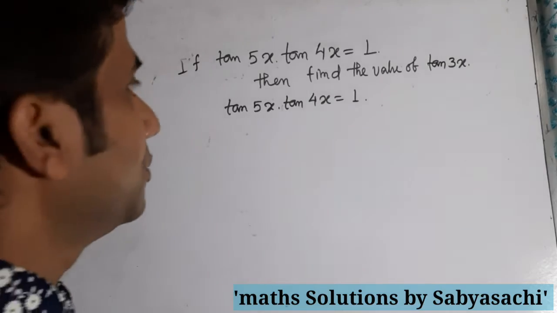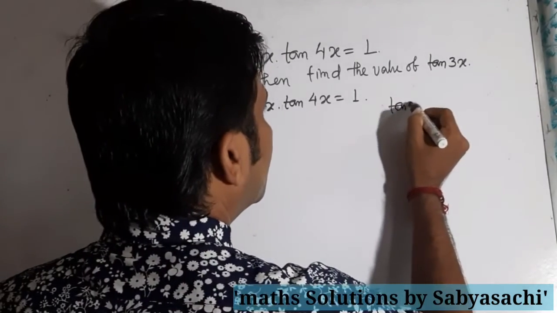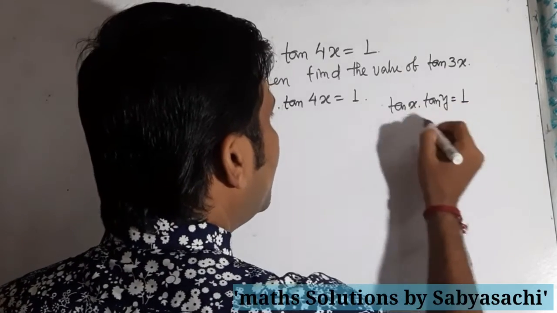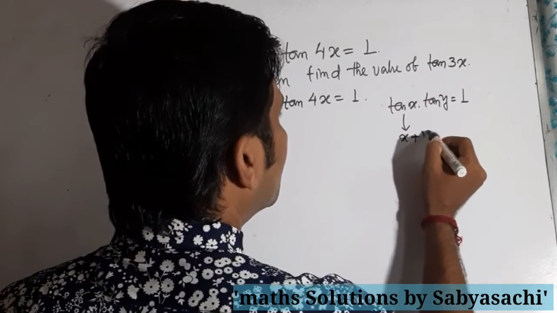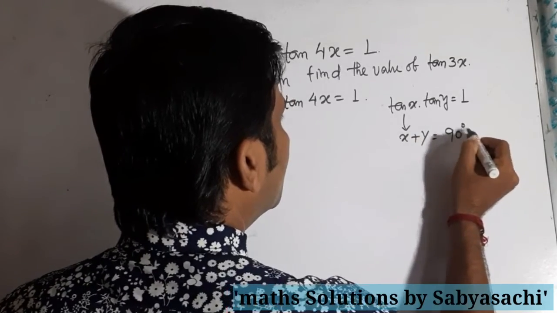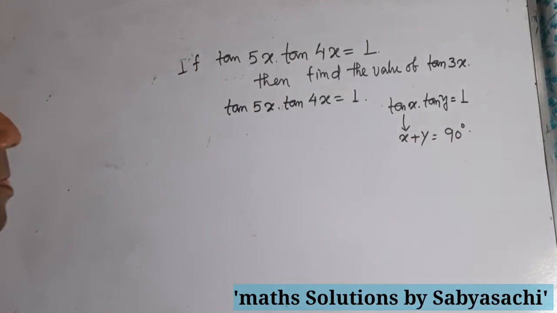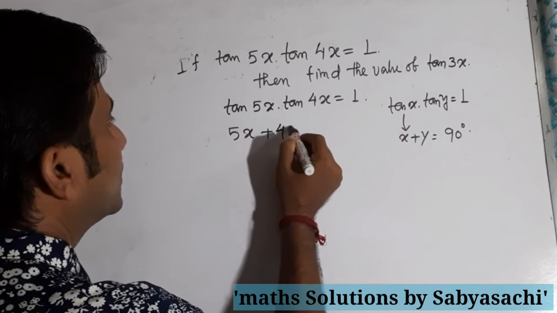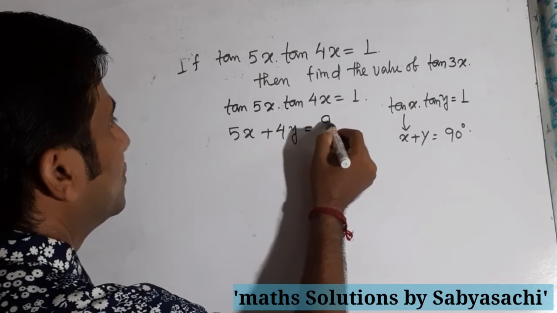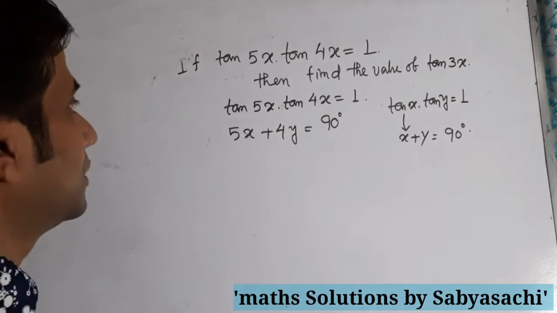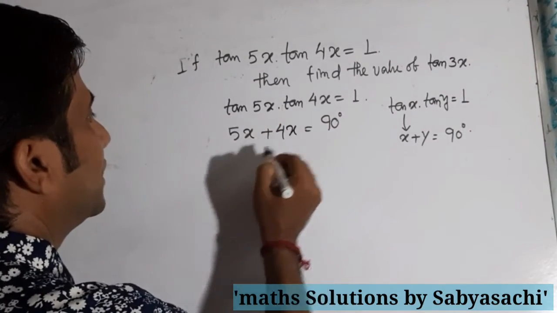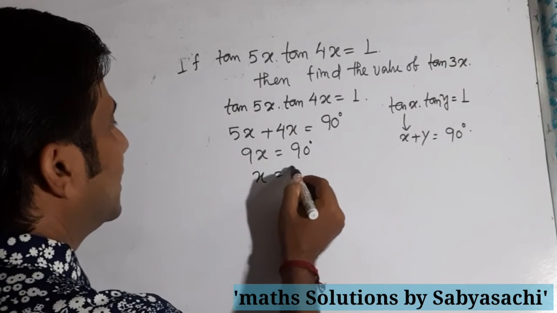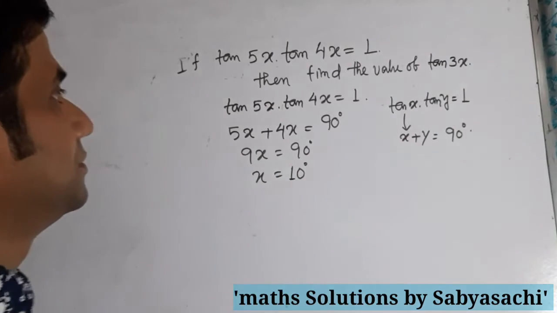I have already shown you that tan x into tan y is equal to 1 means x plus y is equal to 90 degree. From here you can say that 5x plus 4x is equal to 90 degree. That means 9x is equal to 90 degree, that means x is equal to 10 degree.